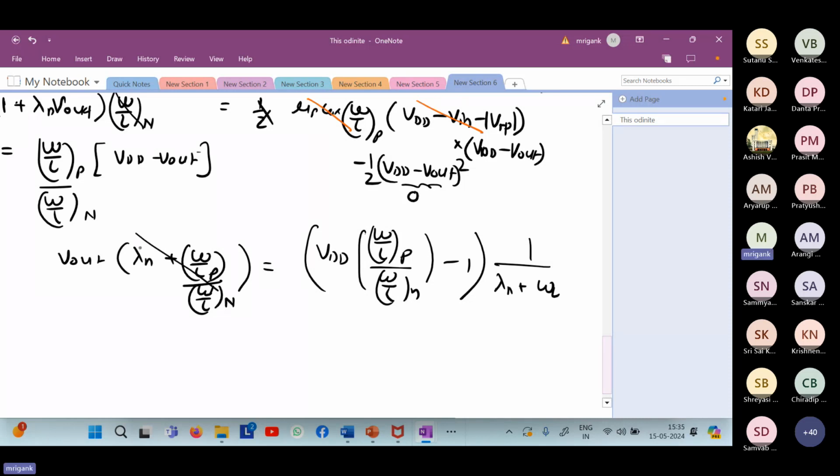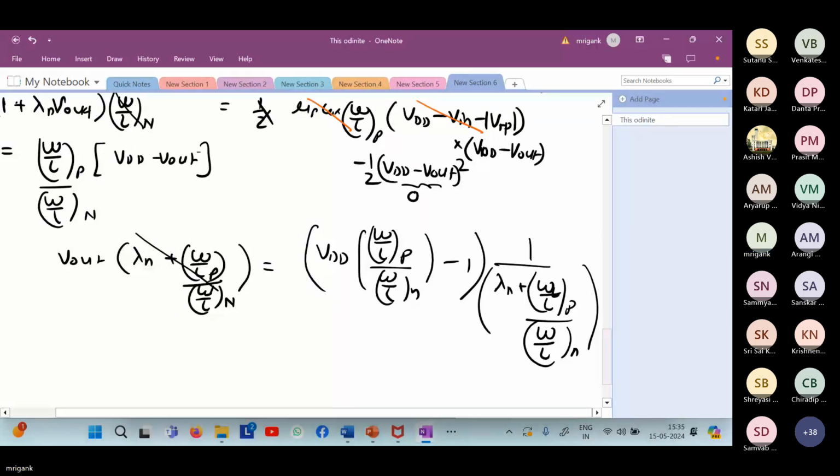VA comes around 50 volt, I guess. So VA comes around 50. So lambda is how much? Something like 0.01 something, right? 0.02, right? So as compared to W by L, I'm assuming that W by L N and W by L P are not that far away. Lambda N is definitely much smaller.